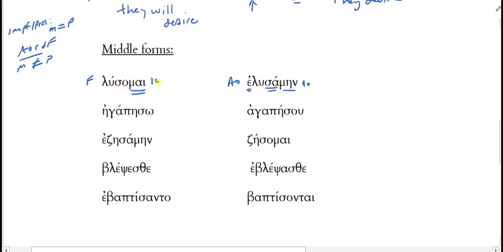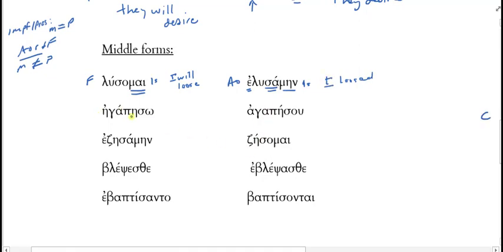So lusomai, I will loose. And some people like to translate the middle generically as something like I will loose for myself. I don't really prefer that, but if that helps you to distinguish it from the active, then fine. Elusamein, I loosed. Okay, I loosed or loosed for myself.